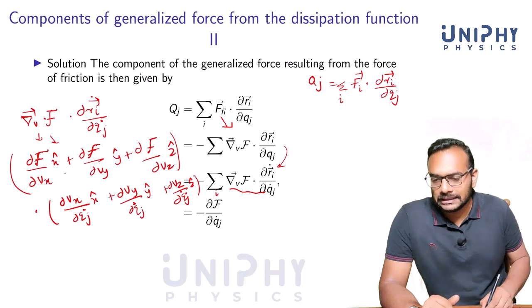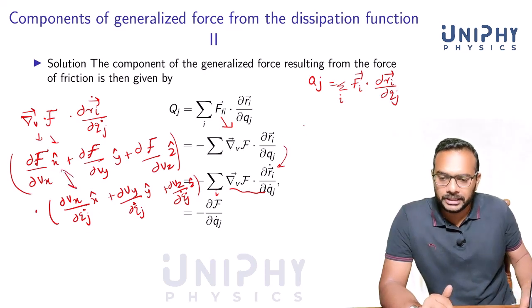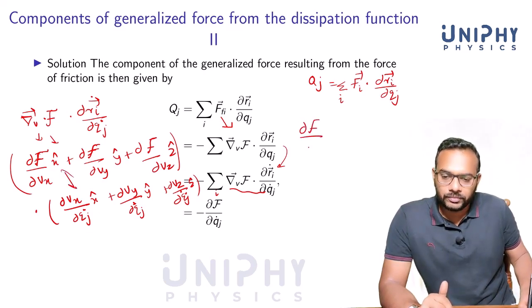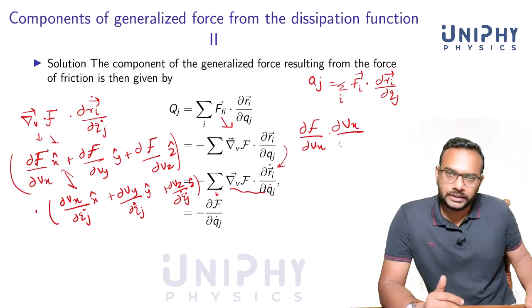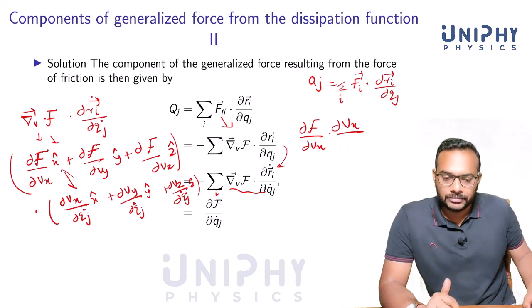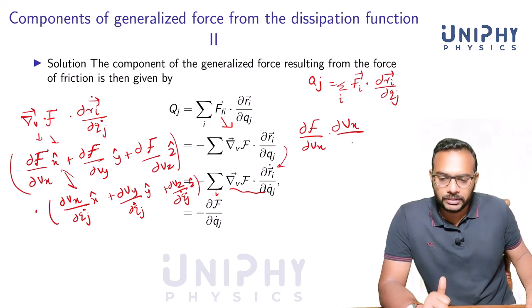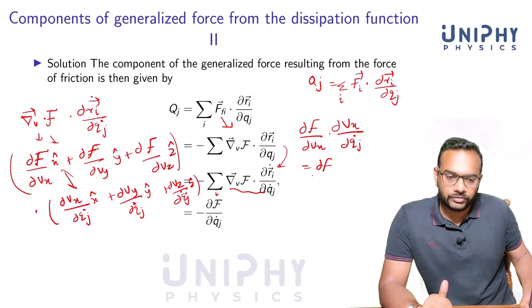Now if you take the scalar product, these terms get combined and we get ∂F/∂vx multiplied by ∂vx/∂qj-dot. I'm just taking the first term out of it. The other terms are exactly similar. This you can simply write as ∂F/∂qj-dot.